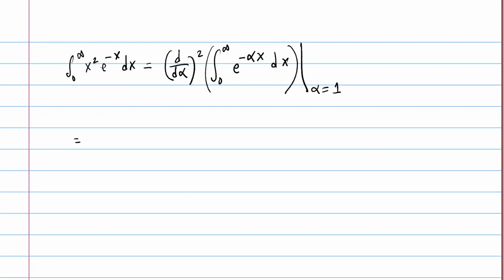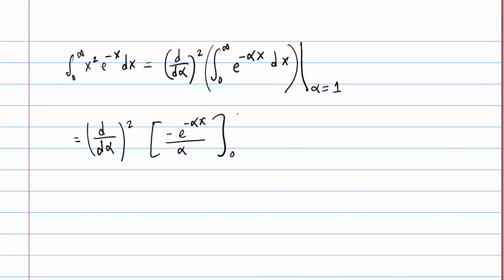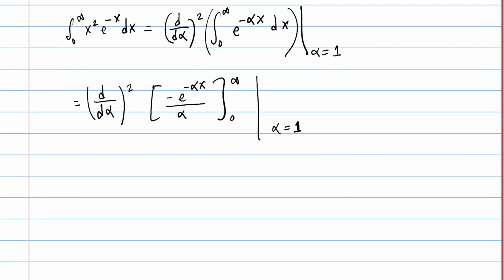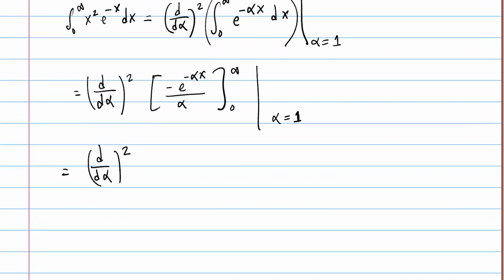Okay, so d squared over d alpha squared, the second derivative. So first evaluate the integral: minus e to the power negative alpha x over alpha from 0 to infinity, evaluated at alpha equal to 1, which is just 1 over alpha.